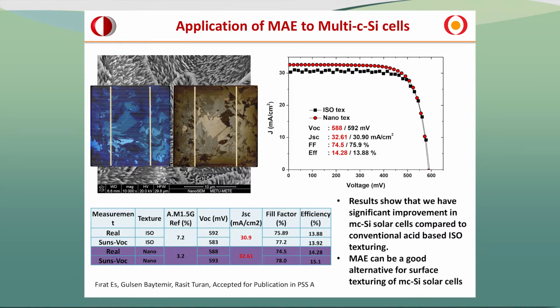So the efficiency is improved from, let's say, 13.8 to 14.28, but it's clear that the improvement is due to the short circuit current, which is expected from a good light trapping condition. So we have shown that this metal assisted etching technique is applicable to industrial solar cells, particularly to multicrystalline solar cells.